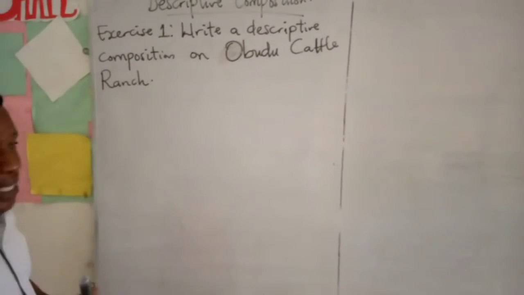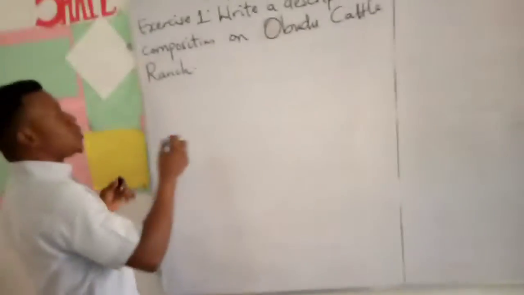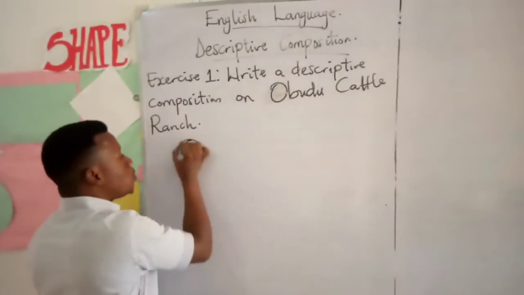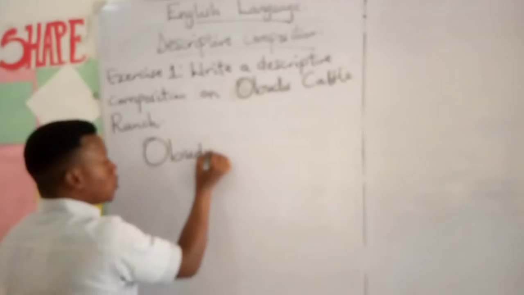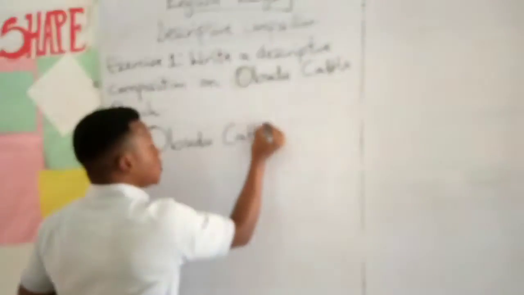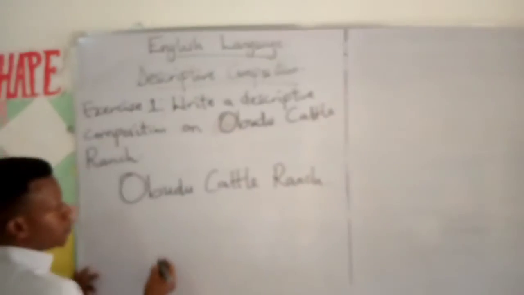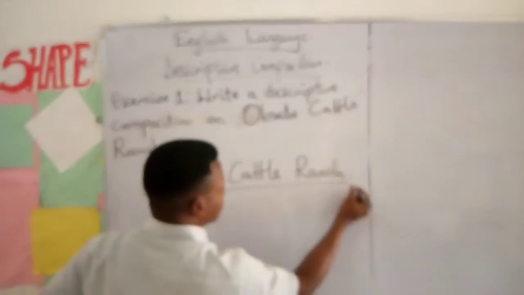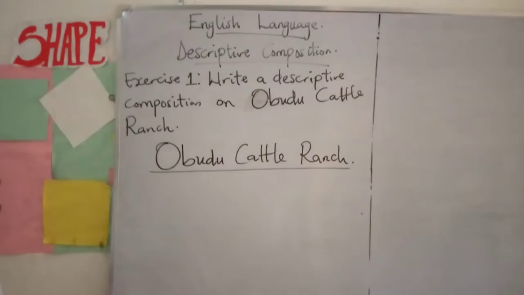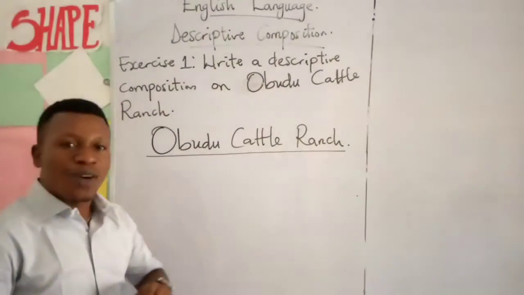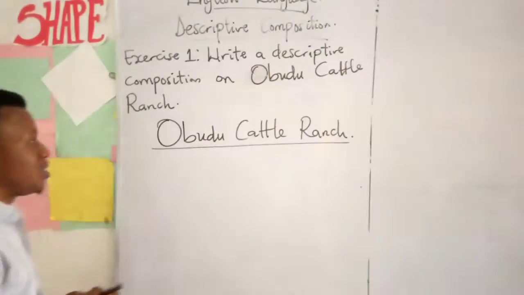What am I going to start with? Remember, my title. What's my title here? Obudu Cattle Ranch. Now, how can I start? Introduction.